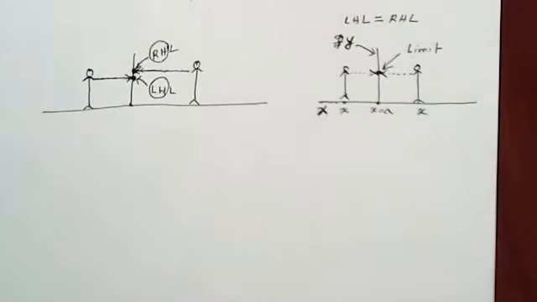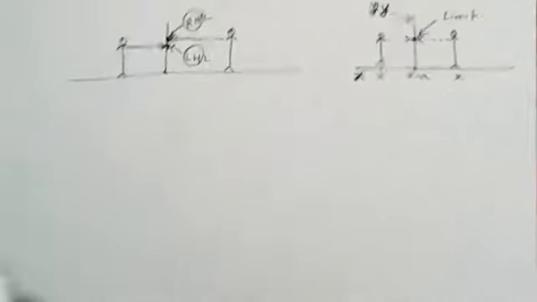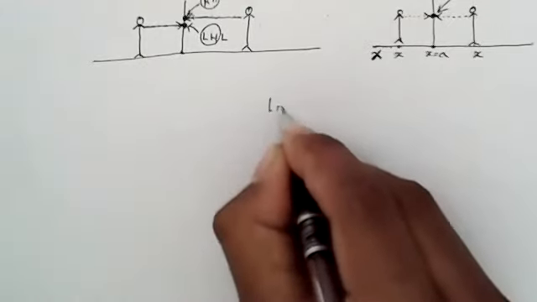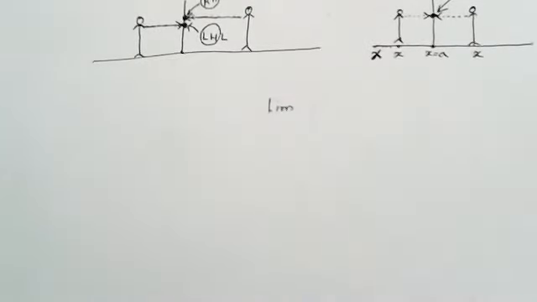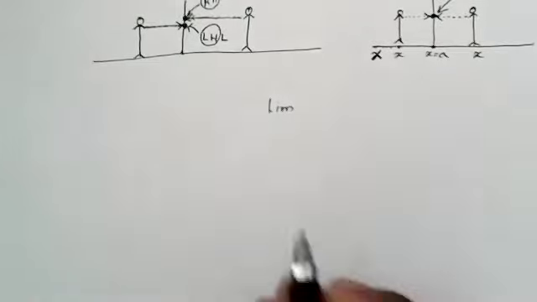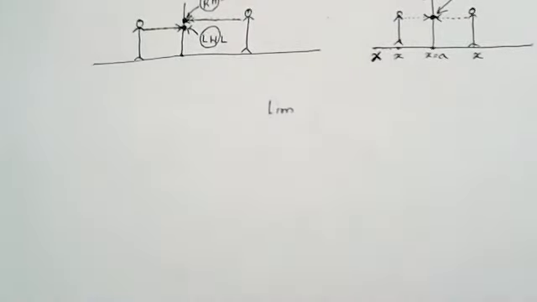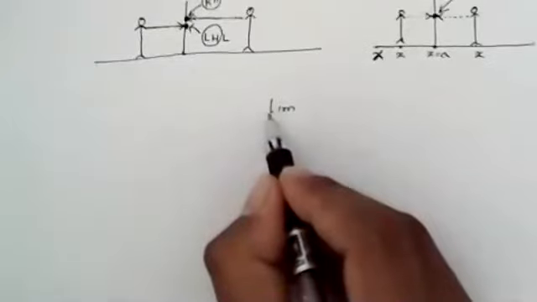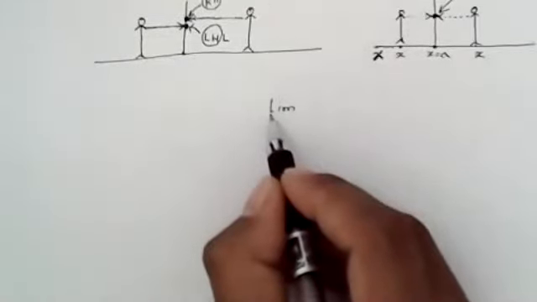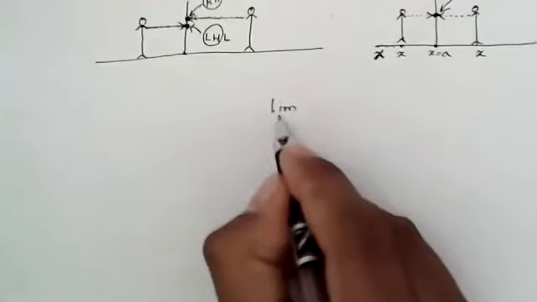To describe that kind of situation, that kind of command, let me use a symbol LIM. This is a symbol to describe all the commands I have given: go to the wall, touch the wall, that kind of command.